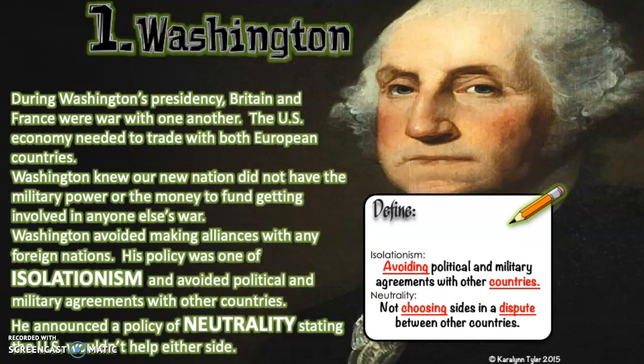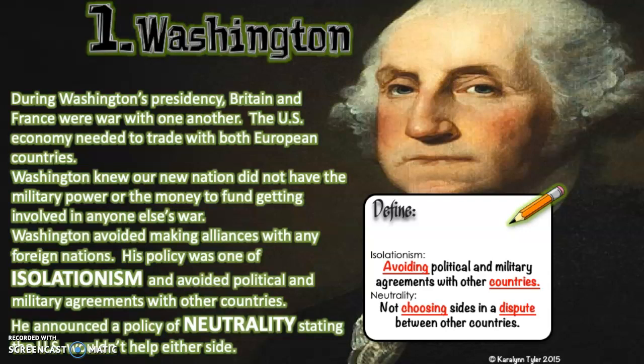To be isolated or to practice isolationism means to avoid political and military agreements with other countries, because ultimately they could entangle you in those other countries' issues. Neutrality means not choosing sides in a dispute between other countries. By choosing sides, that really pulls you into the issue by taking one side or the other.